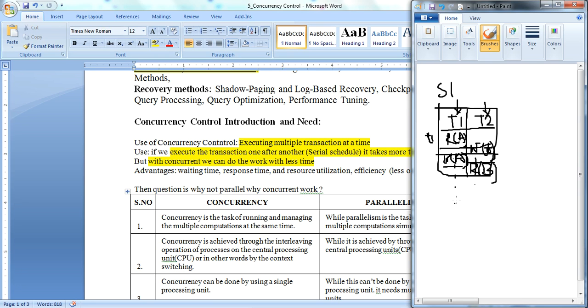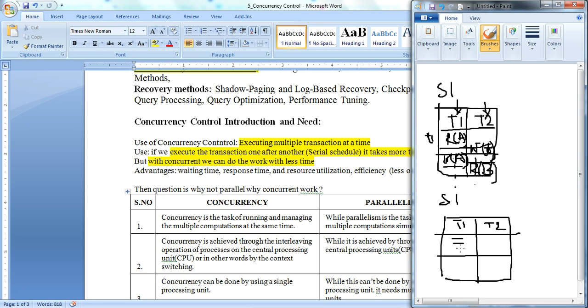Now if we think about the serial schedule, it is serially executed, T1 and then T2. T1 executes all its operations, read A, write A, then T2 writes A and reads B. This is called the serial schedule. It executes T1 first and then T2.